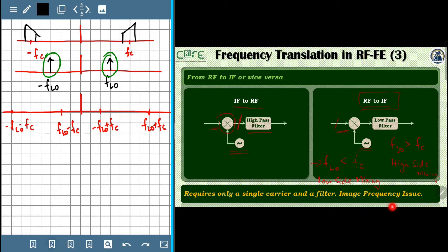The resulting spectra would be as follows. Because of this impulse, you'll get this on the upper side, and here on the lower side this will be the spectra that you get, and then from the second impulse you'll get a spectra that looks like this.